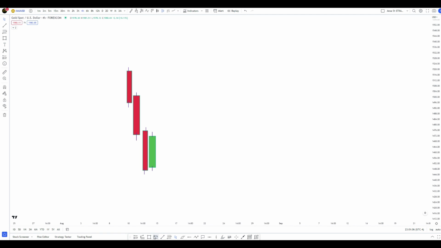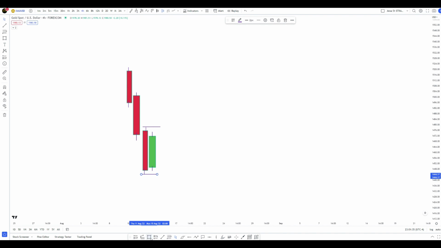But we can see that this is not going to be a valid pullback. Why? Because the high of this bearish candle and the low of this last bearish candle are both protected. When both the high and the low are protected, that tells you the sellers are not ready to rest, and we're not in a counter trend yet.